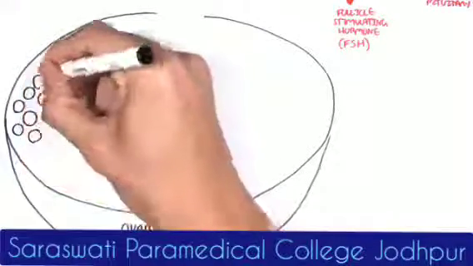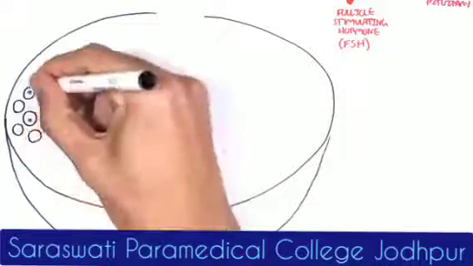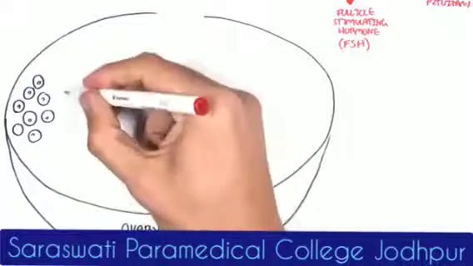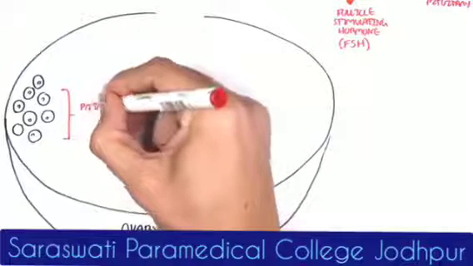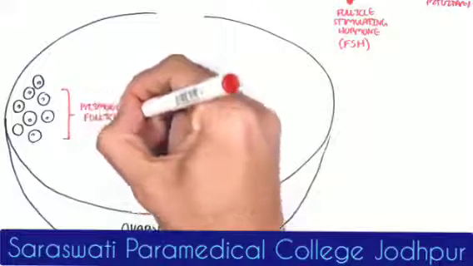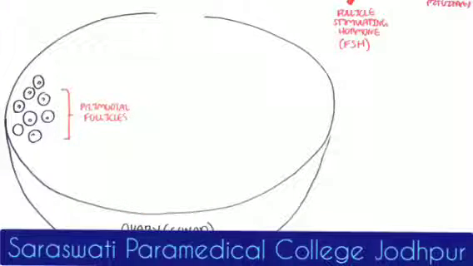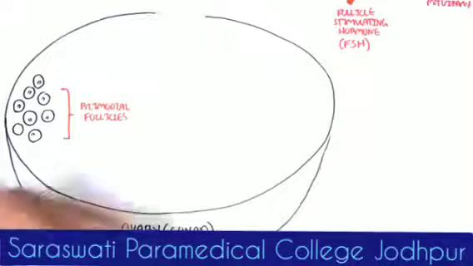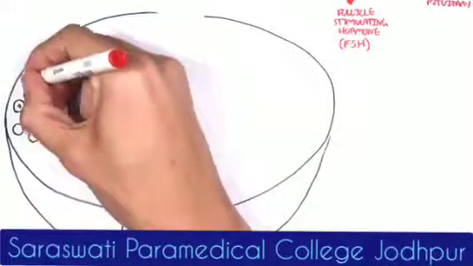What follicle stimulating hormone aims to do is to stimulate the maturation of primordial follicles in the ovaries here. In the ovaries, you have thousands, heaps of primordial follicles ready to mature. These primordial follicles have follicle stimulating hormone receptors.